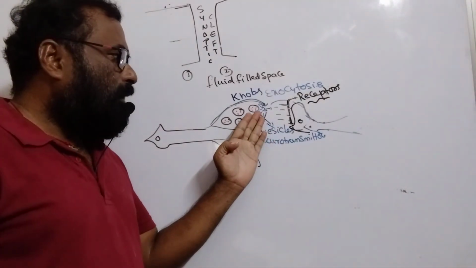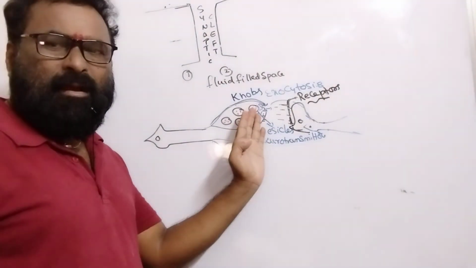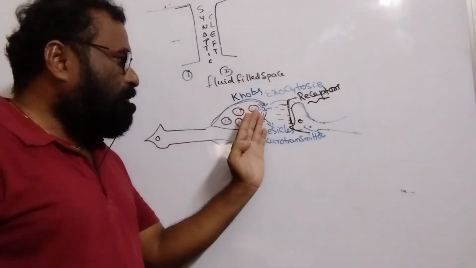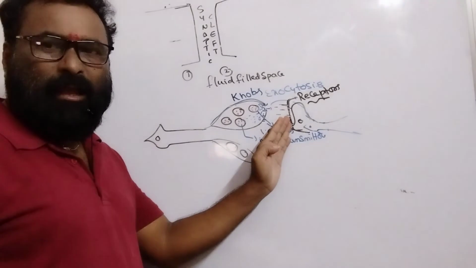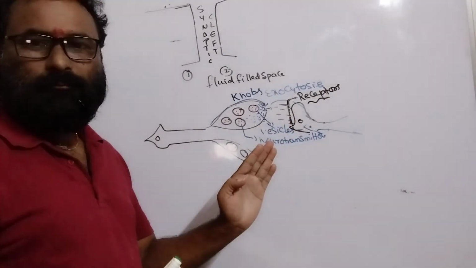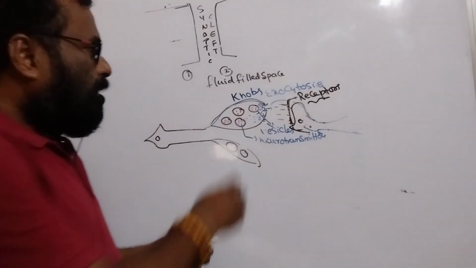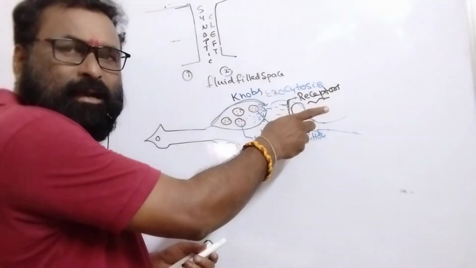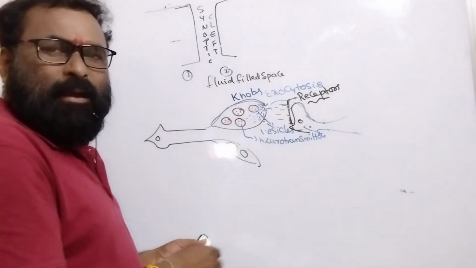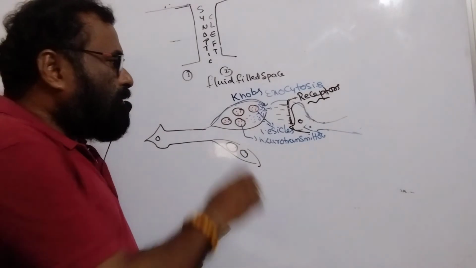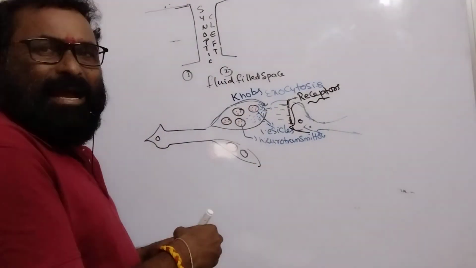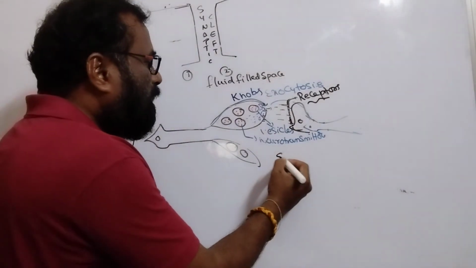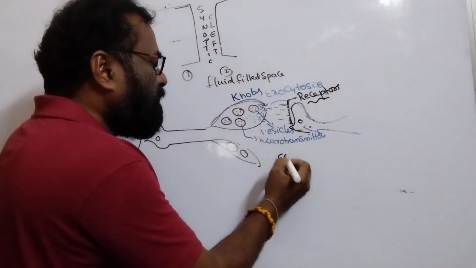Then the substance goes and touches the binding site of the next neuron. Likewise, the jumping occurs. The jumping of these action potentials is called the conduction of an action potential.